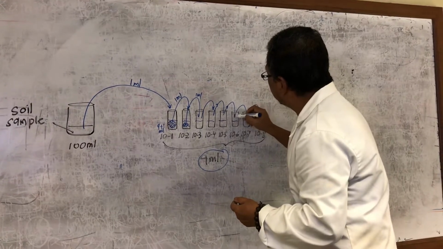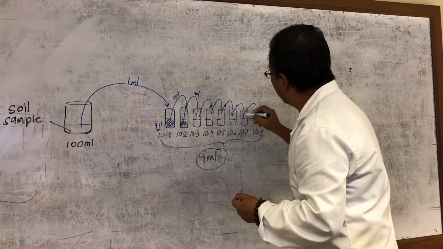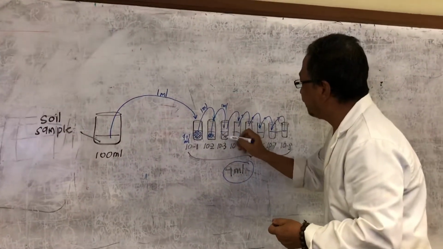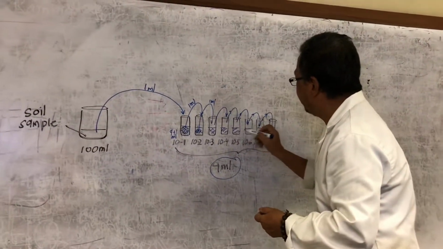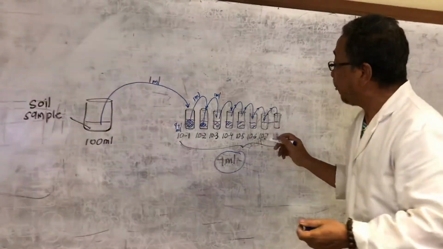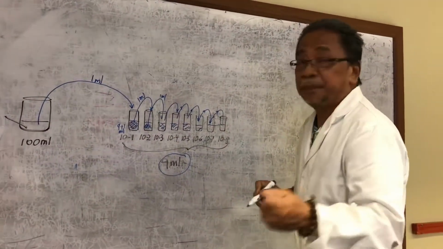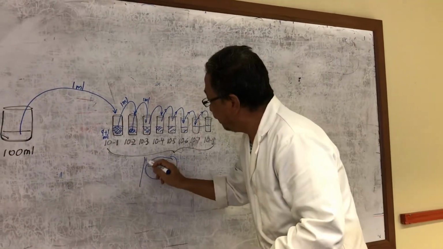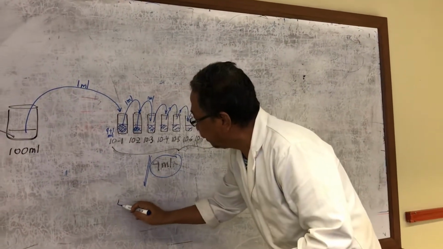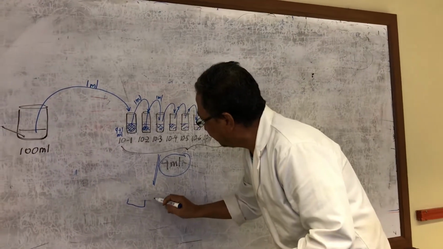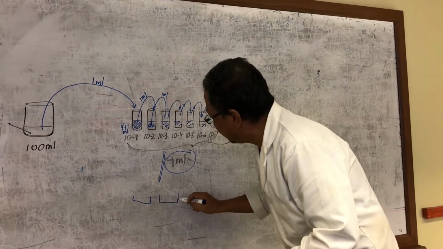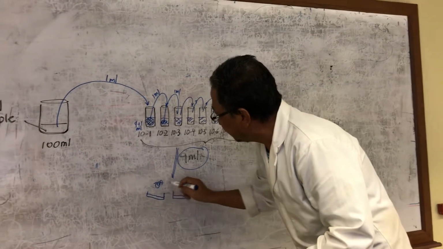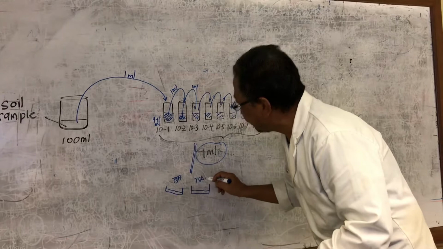So put 1 mil and then 1 mil, and all together it goes on until you got all the dilutions. But when you do your plate, usually we do duplicate. Let's say you do TSA medium.